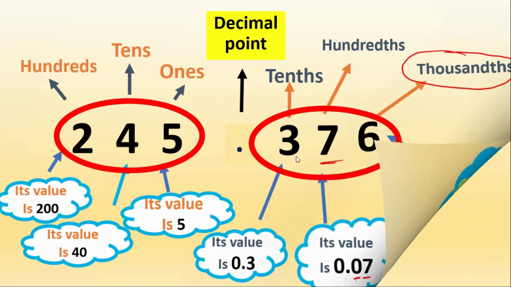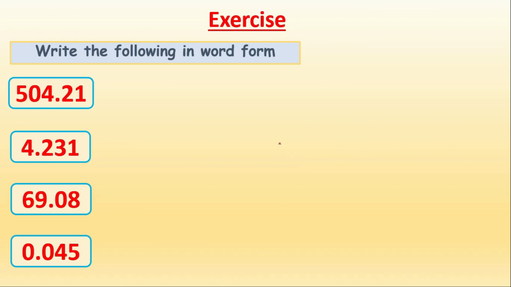Okay, now let's have an exercise. Write the following in word form. The first one: 504 and 21 hundredths. How do you write it in word form? The first step is to replace the decimal point by the word and. Got it?